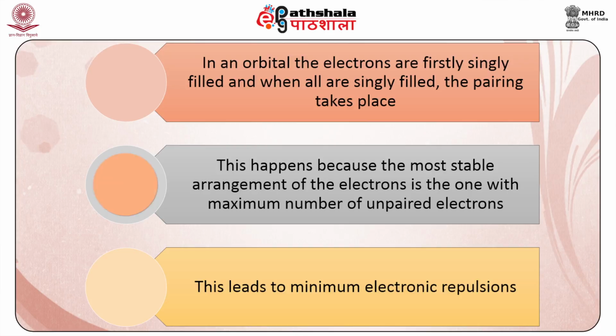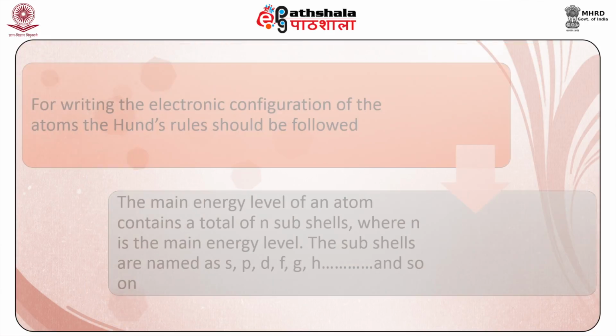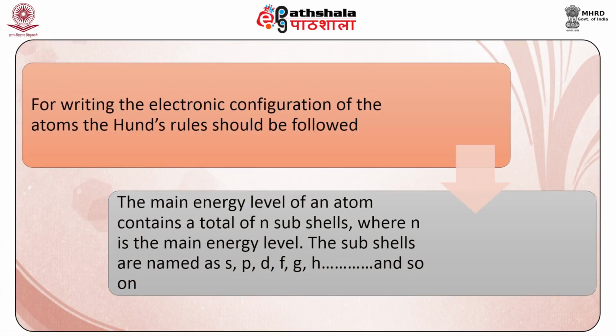This happens because the most stable arrangement of the electrons is the one with the maximum number of unpaired electrons. This leads to minimum electronic repulsions and hence will lead to stability. For writing the electronic configuration of the atoms, the above rules should be followed.